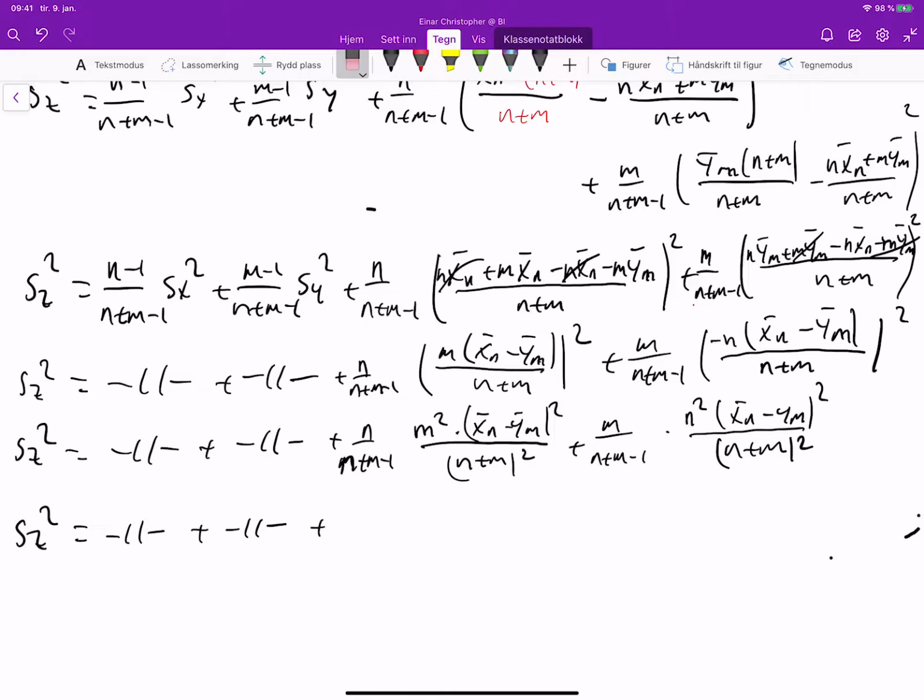We have the same numerator here and here. Here's the first term and here's the second term. And therefore I can put all on one fraction.